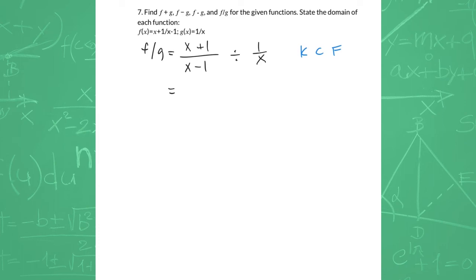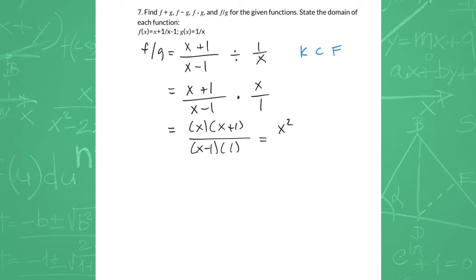It's when we keep our first fraction, or in this case, rational function, we keep it the same. We change our division sign to multiplication, and we flip our second function. And then we can just multiply straight across. And when we do that, we get x times x plus 1 over x minus 1 times 1.